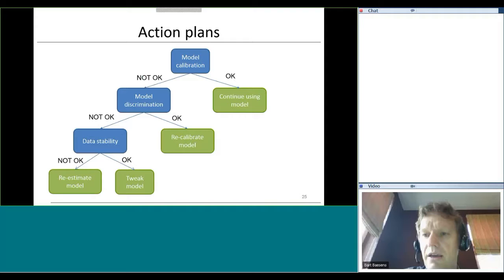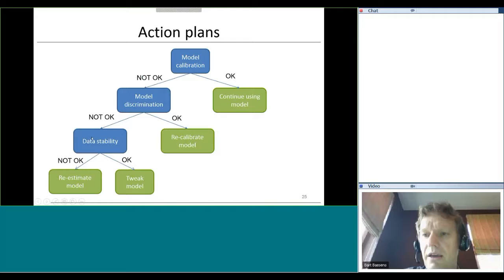So if the model calibration is okay, obviously we can continue to use our model. If the model calibration is not okay, then we have to go down one level, up to level 1, and look at the model discrimination. If this is still okay, then it means that we can simply recalibrate the model. Increase all PDs with a fixed percentage, or maybe even decrease them, depending upon the situation, and then the problem may get fixed.